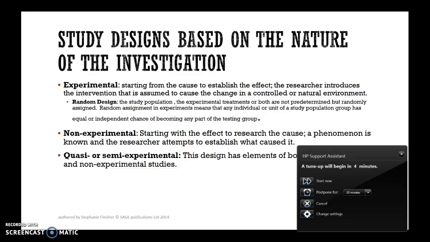Okay. So the last type of quantitative study design is based on the nature of the investigation. Nature here means either experimental or non-experimental. So experimental is a study from the cause to establish the effect, and the researcher introduces an intervention that is assumed to cause a change in the controlled environment.